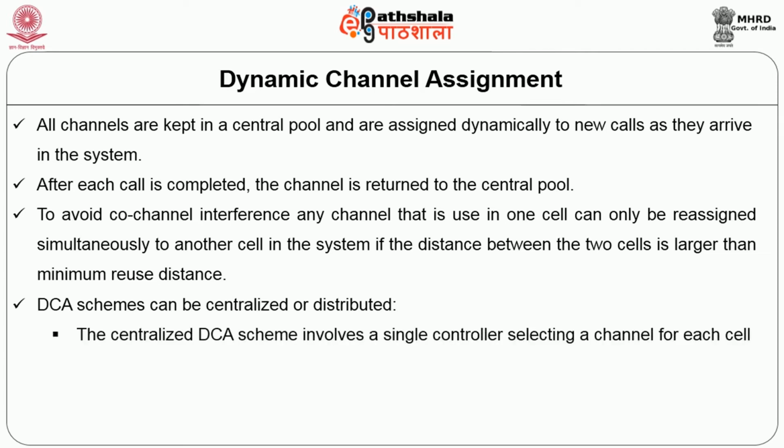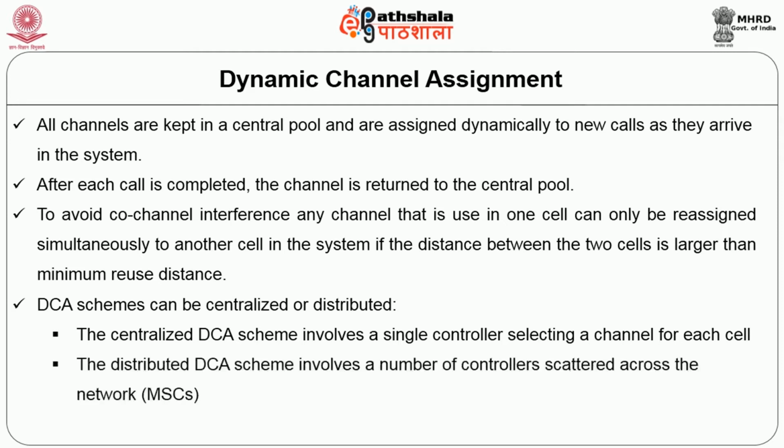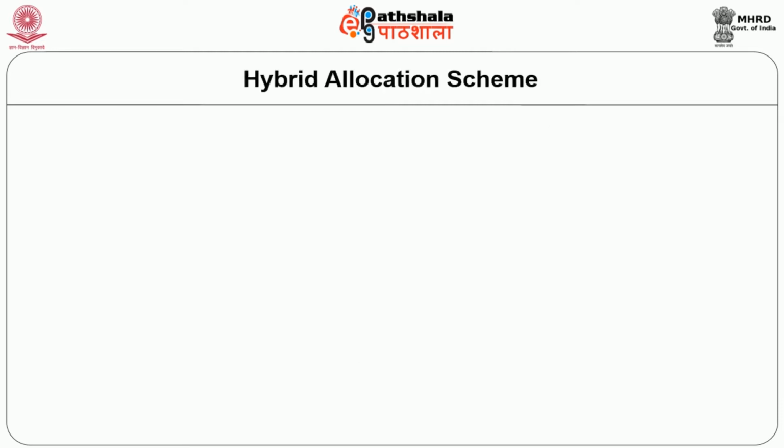In a centralized DCA, as the name itself indicates, there will be a single controller selecting a channel for each cell. That is, only one entity would be responsible for doing that. Whereas in distributed DCA, there are a number of controllers scattered across the network, and they are usually the MSCs. The third allocation scheme, which takes advantage of both FCA and DCA, is the hybrid channel allocation scheme.